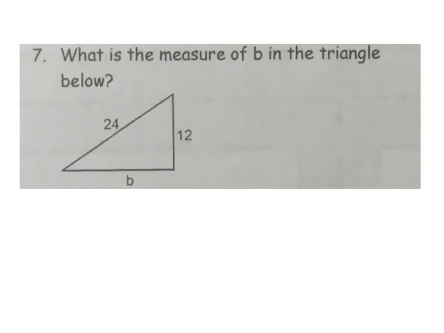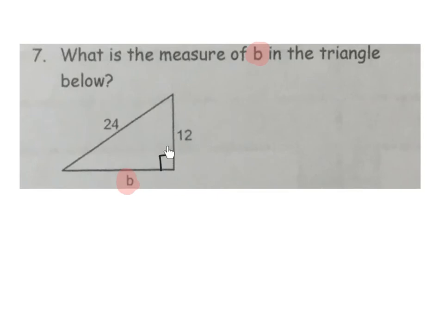All right, number 7. What is the measure of B in the triangle below? So we're looking for the measure of B right here. I can see that this gives me the right angle. So we got Pythagorean theorem, and since we are given the hypotenuse, which I'm looking at right here, that means that I have to subtract.